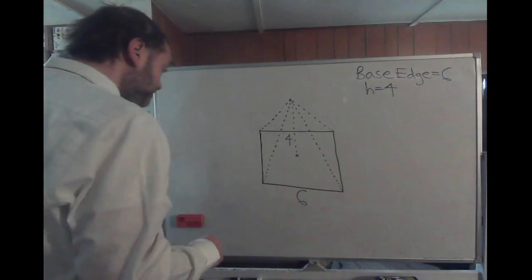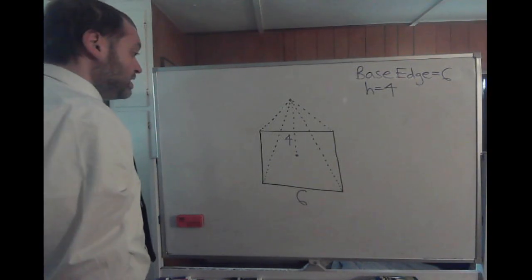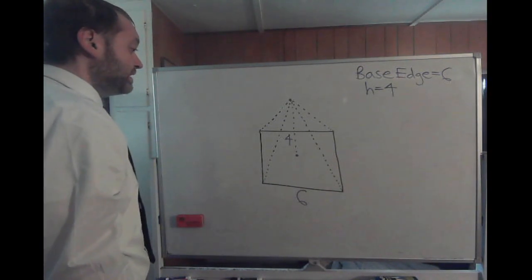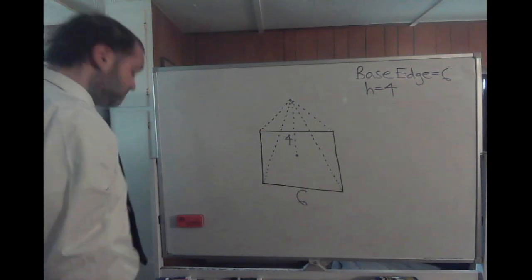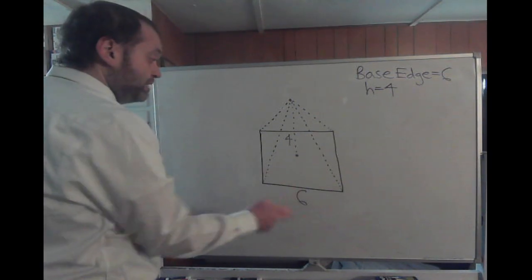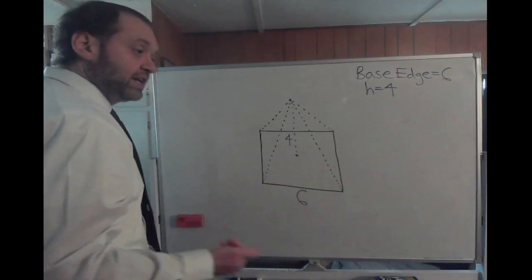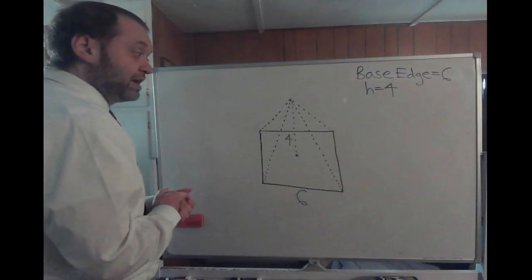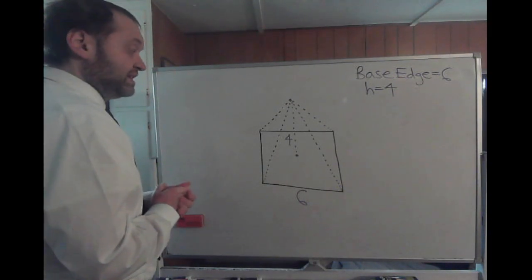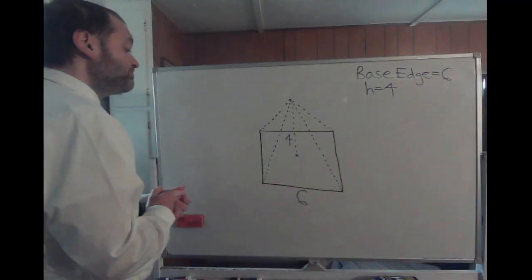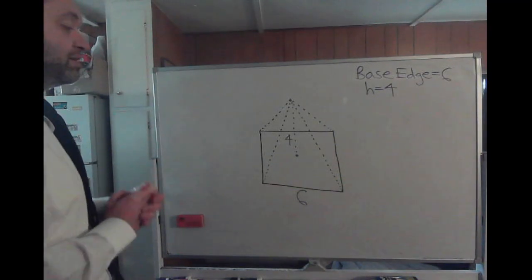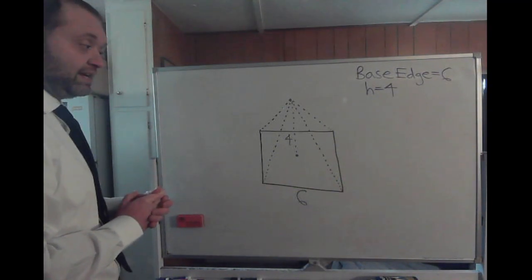Okay, well, here's the thing. We know the height, we know a base edge. In order to have any hope of even finding the lateral area, we definitely need to find the slant height. So, here's the thing about trying to find the slant height.